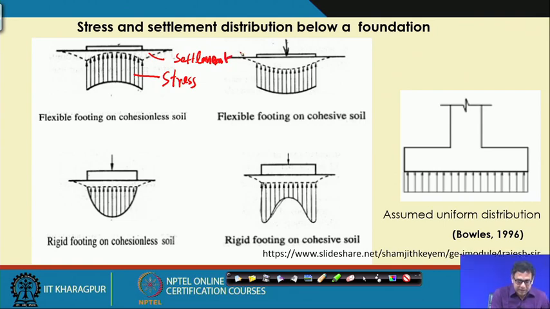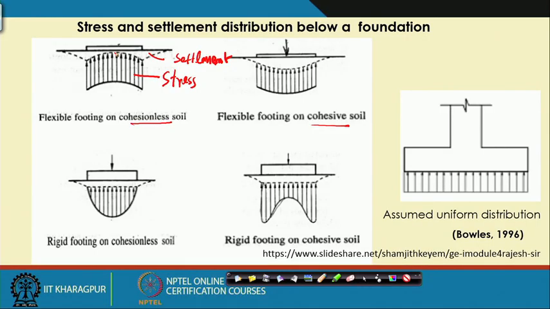You can see that if the foundation is flexible, then your stress distribution is always uniform, whether it is cohesionless soil or cohesive soil. But settlement is different, because in case of cohesionless soil, settlement at the center is less compared to the edge, because the elastic modulus of the soil at the center is more compared to the edge.